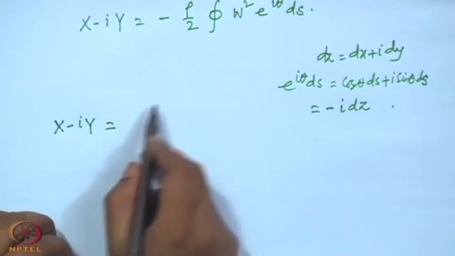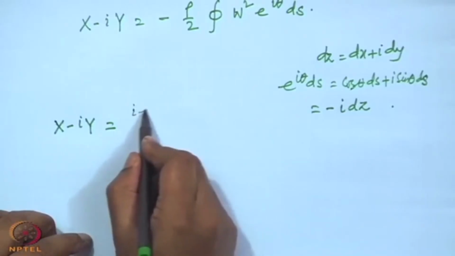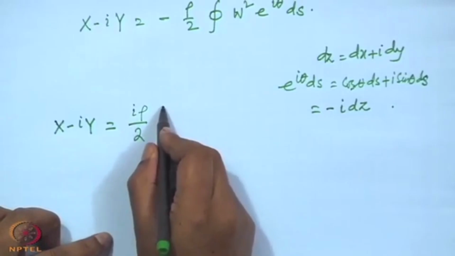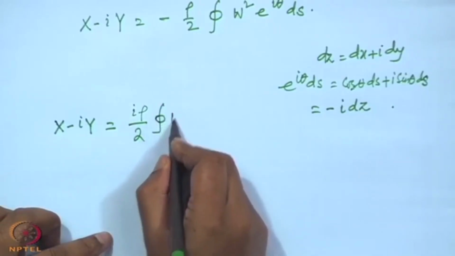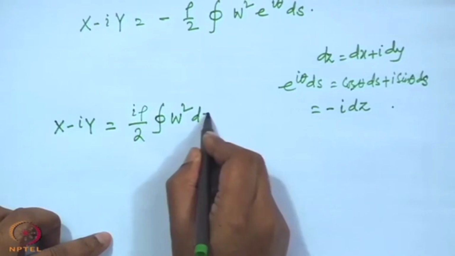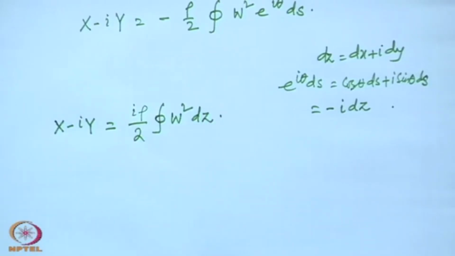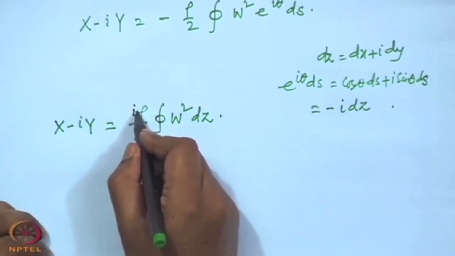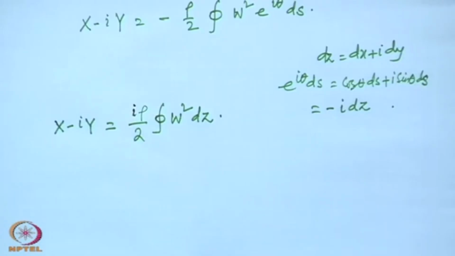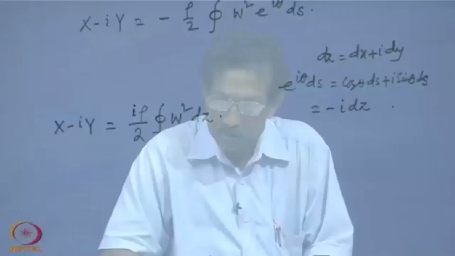So, it is ultimately coming as i rho by 2 W square dz. This gives the force exerted on a body by two dimensional ideal flow or two dimensional potential flow on a body, force exerted on a body by a two dimensional potential flow, general.